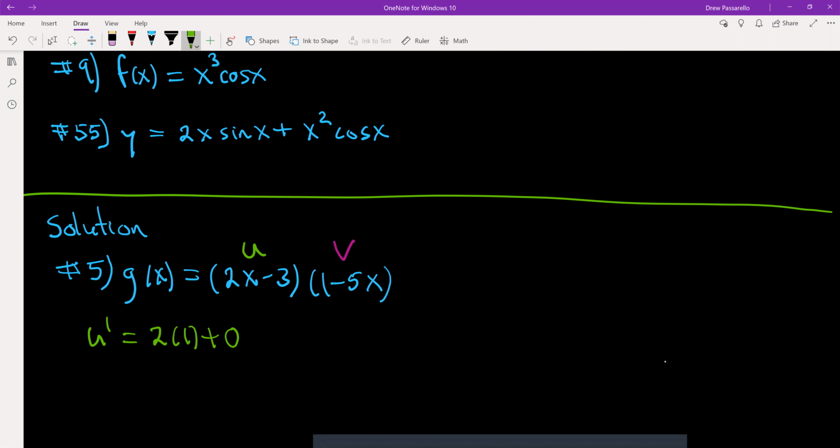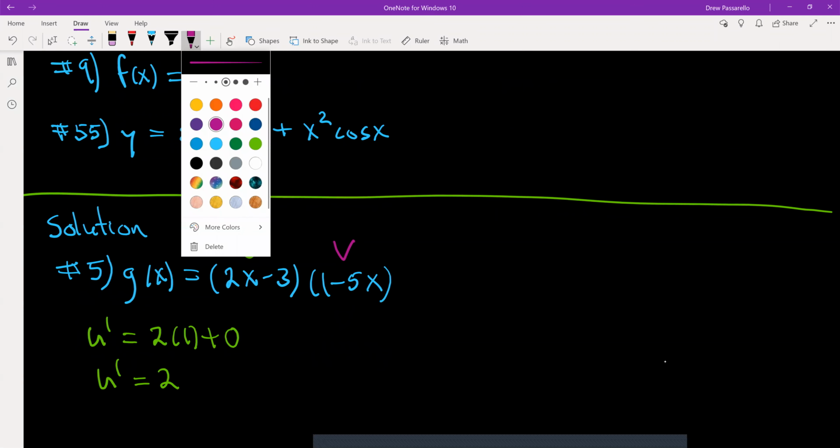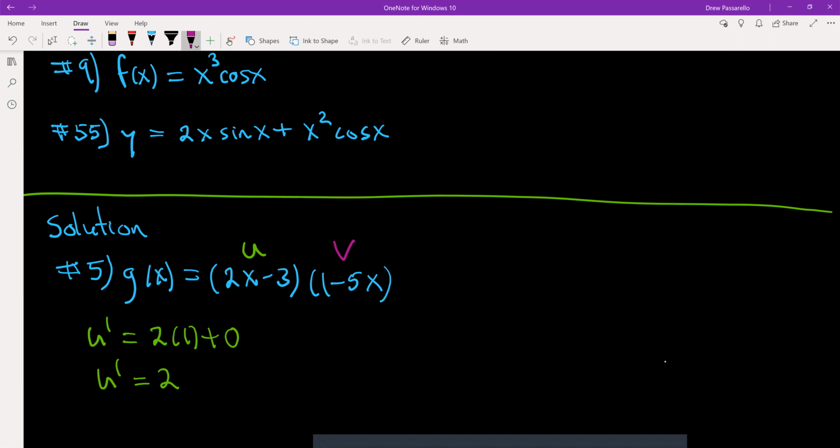So u prime is 2. Now for v, which is 1 minus 5x, so v prime, derivative of 1 is 0, and then derivative of negative 5x is negative 5 times 1, since the derivative of x is 1. So v prime's negative 5.